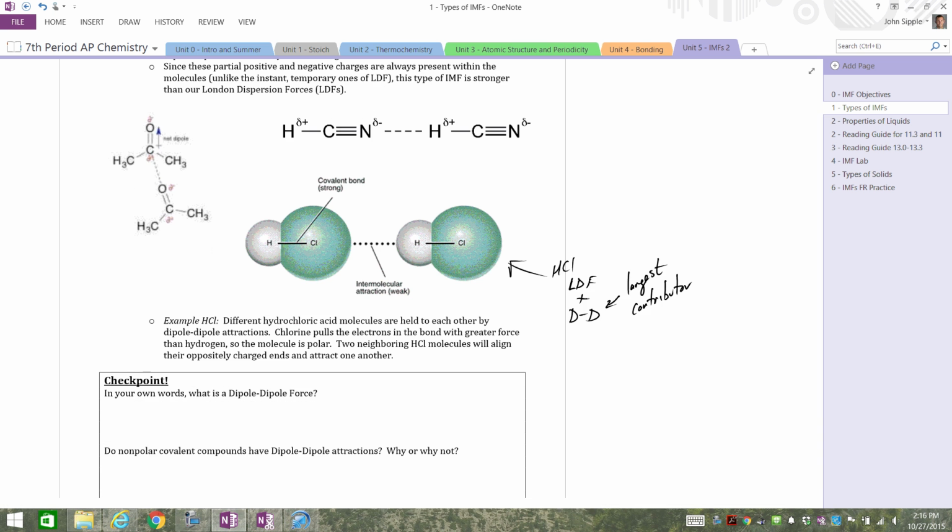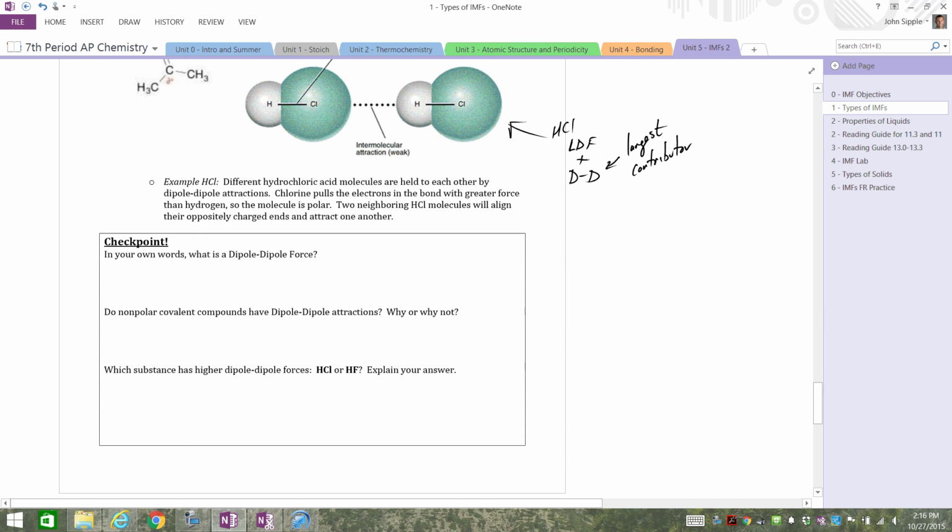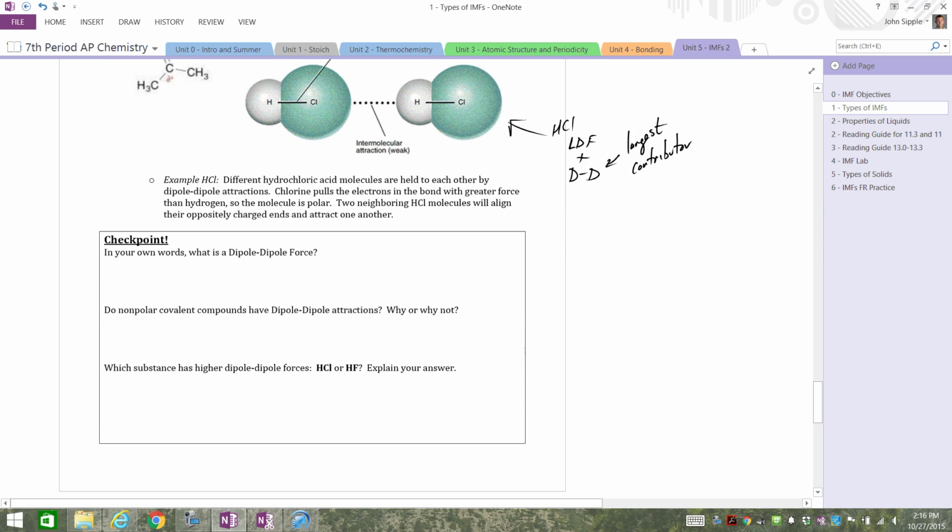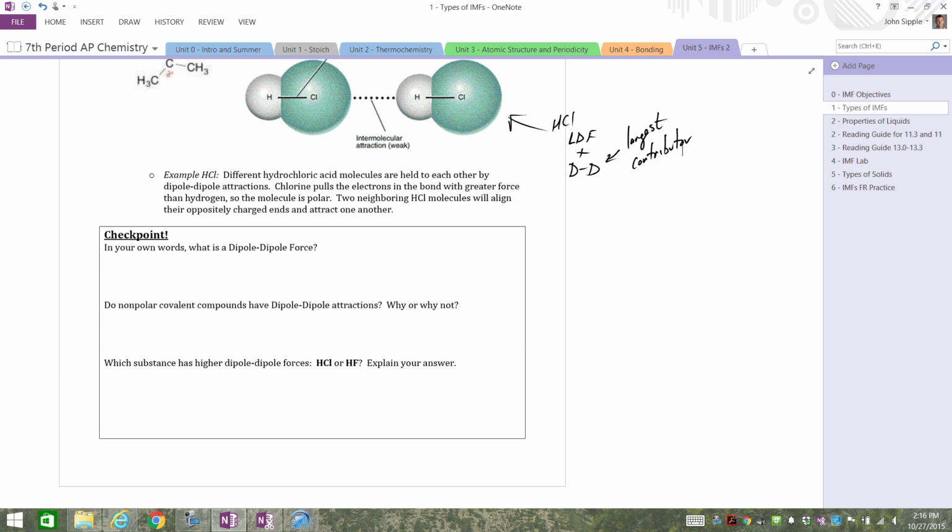So you can talk about a couple things down here. In terms of these questions, do nonpolar covalent compounds have dipole attractions? No, but they have induced dipole attractions.